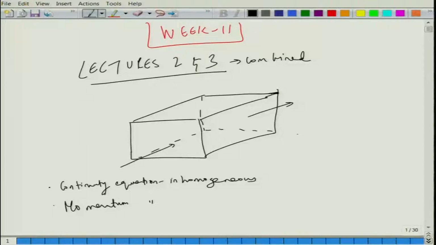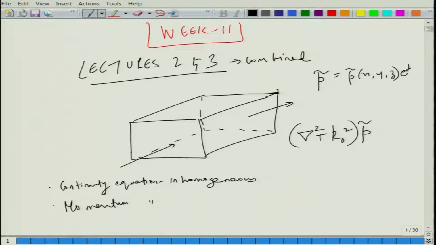So, the final form that we are looking at is del square plus k naught square operating upon p tilde, where p tilde is p as a function of x, y, z and e to the j omega t, equals minus j rho naught q and some Dirac delta function. So, this is for a point source.